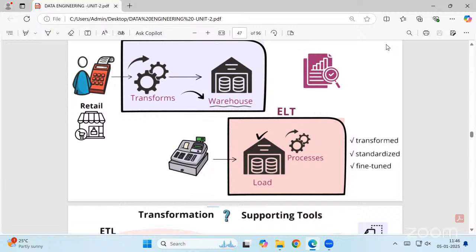It is a headache for them to do the opposite way. So it is better to extract, load into the warehouse first, and then do the transformation according to the request by the data science people. The ELT approach is used by data science people.